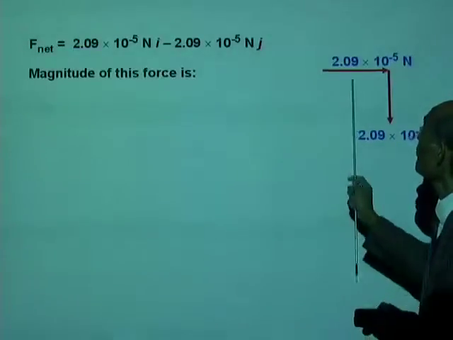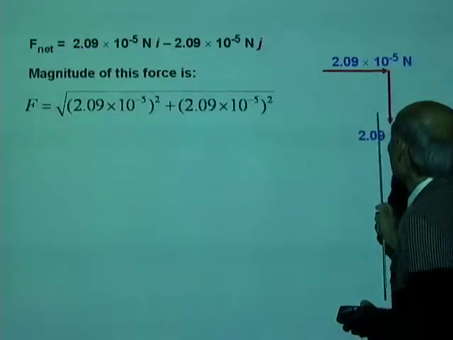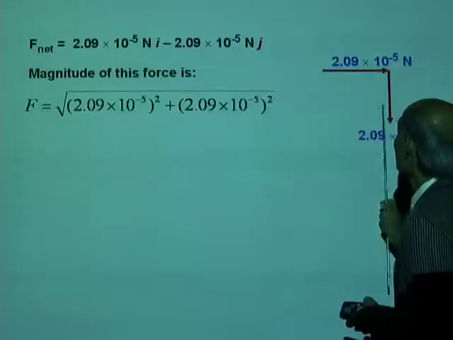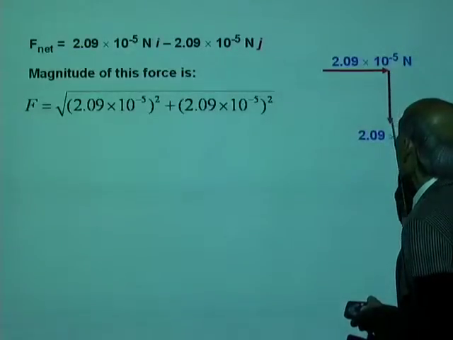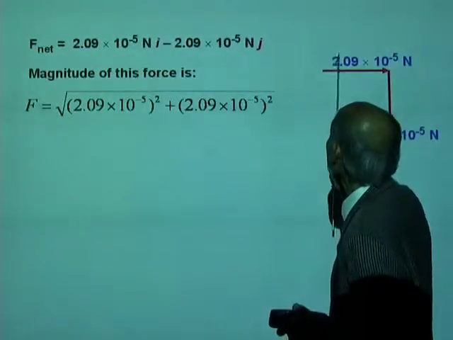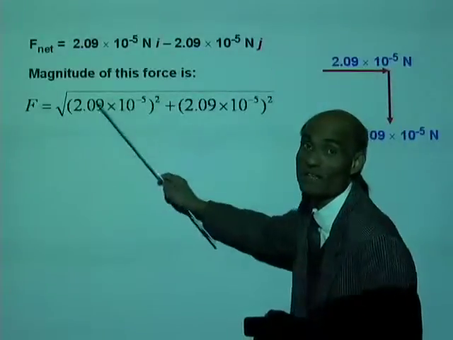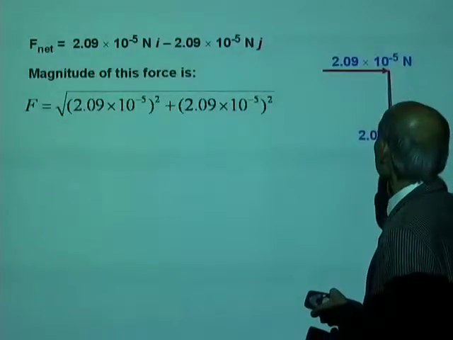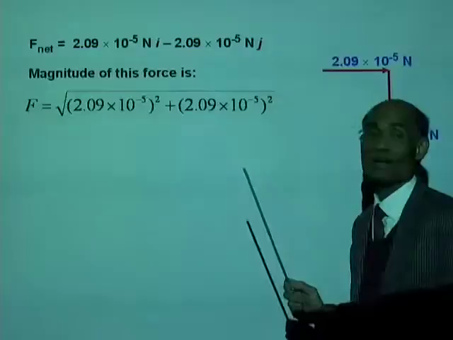The magnitude of the force is, well, if you complete that triangle, this is the magnitude. The magnitude will be the square root of this squared plus this squared. So F equals the square root of 2.09 times 10 to the negative 5 squared, that is x squared, plus 2.09 times 10 to the negative 5, that is y squared.